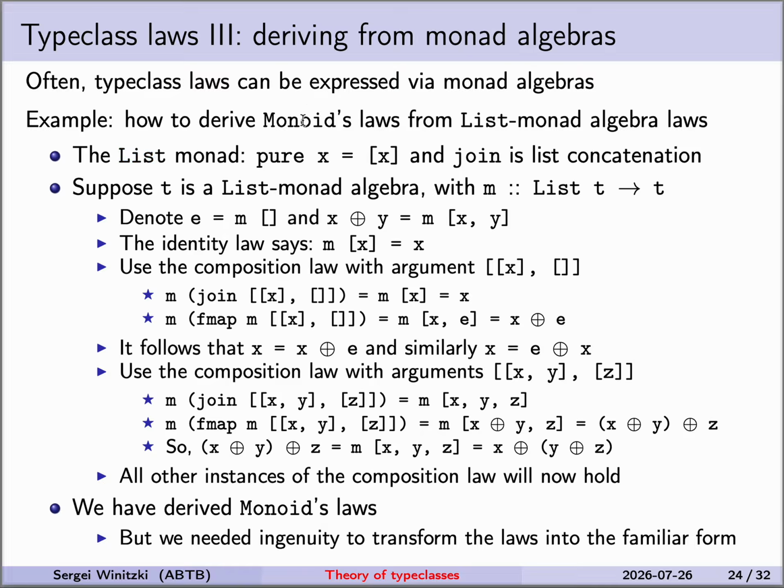For the monoid laws, it turns out that the monad that you need to choose is the list monad. So the list monad has the methods pure, which gives you a single element list, and join, which is just list concatenation. What does it mean that a type T is a list monad algebra?